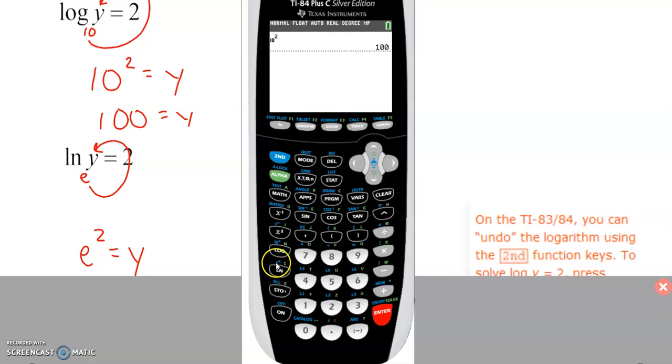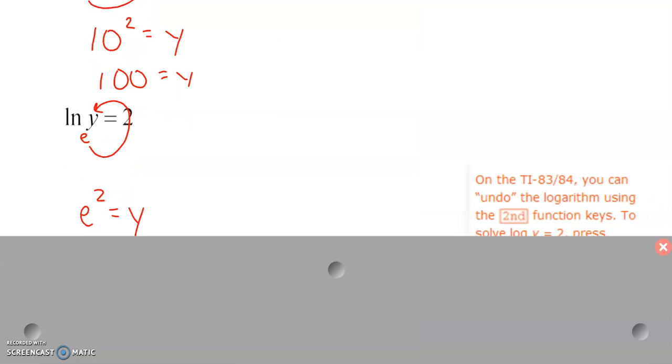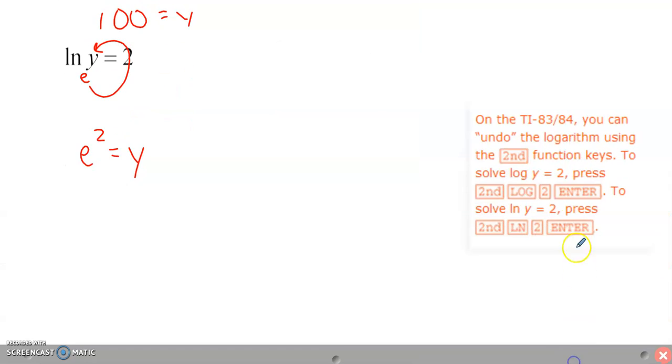Same thing down here for ln. If I press second ln, that gives me e to the power of, and then I can type 2, and there's my answer for y. So you can see here that on our graphing calculators you can undo the logarithm by doing the second function key and then pressing log or ln.